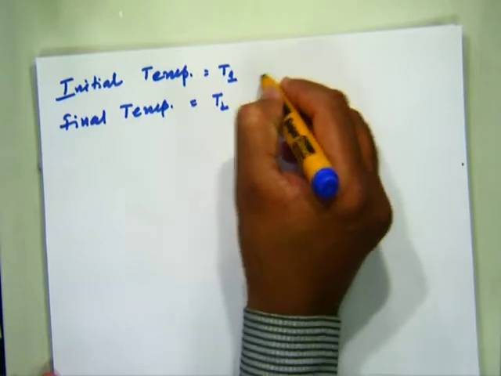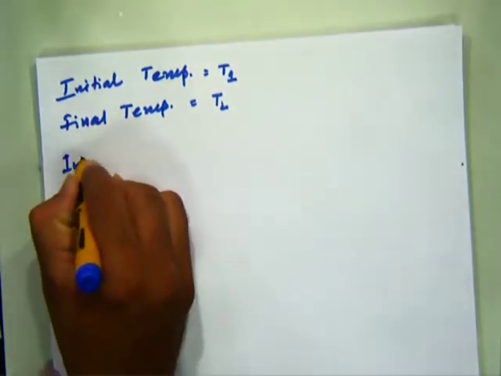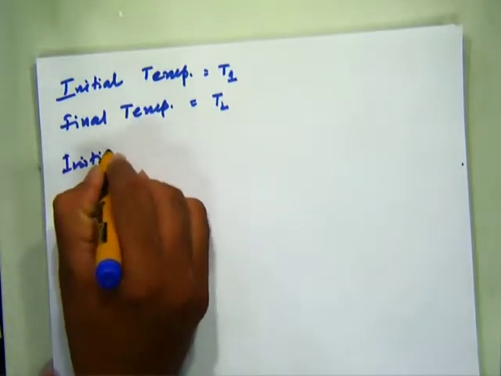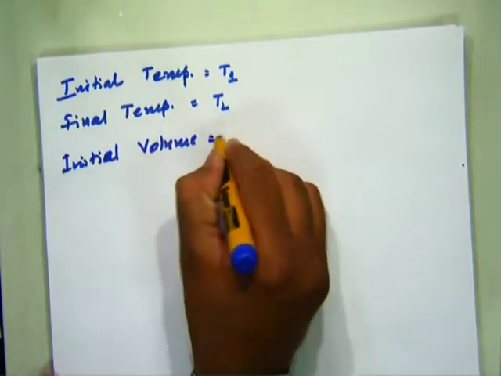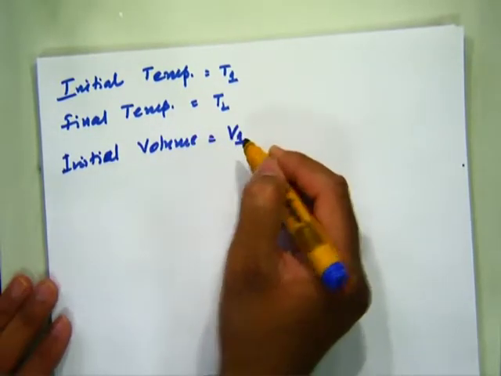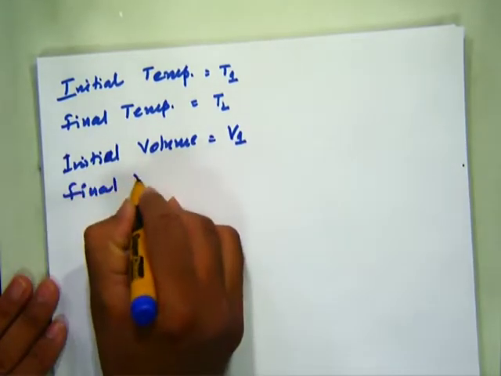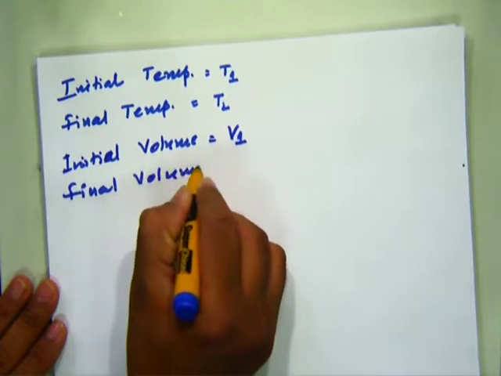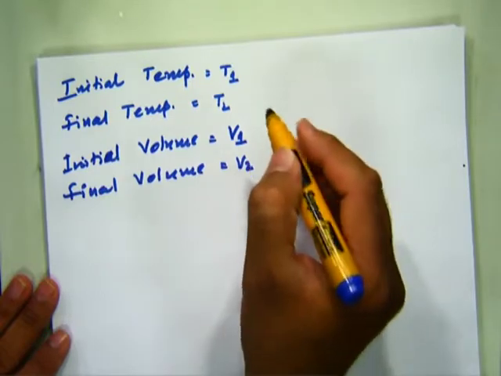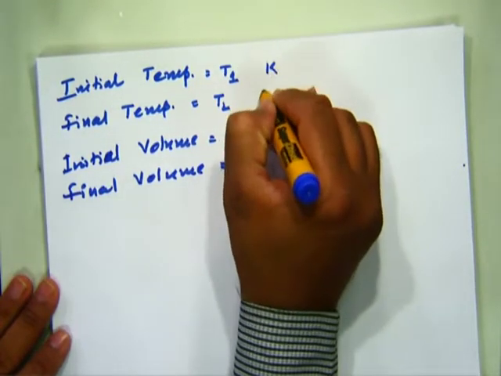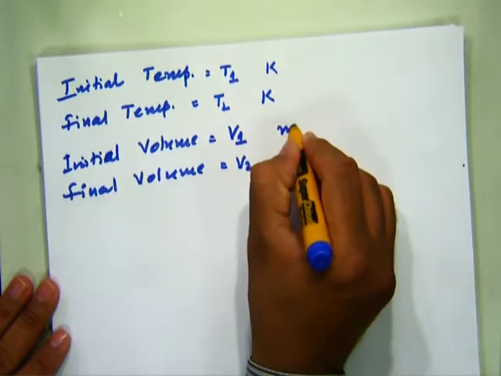Similarly, you can write the initial volume V1 and the final volume V2. Temperature is in Kelvin, and volume is in meter cube.